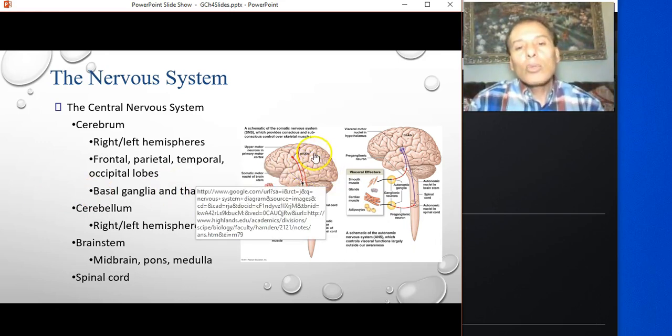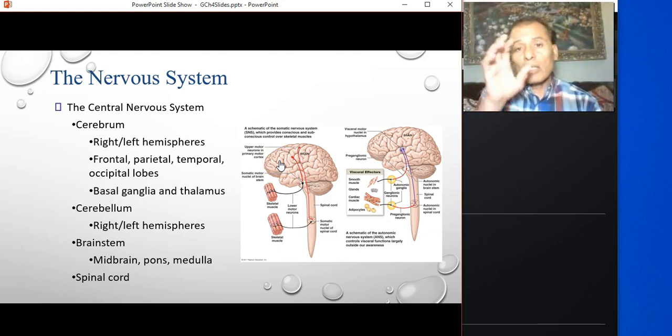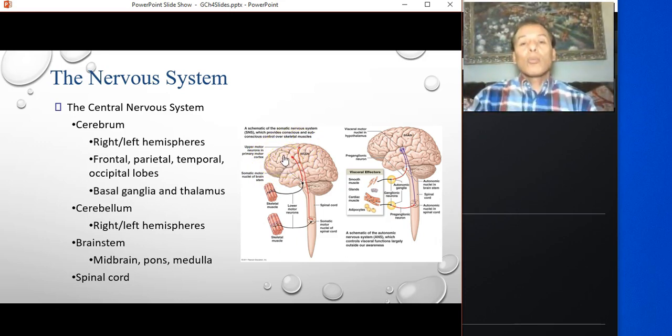And now, when we look at the cerebral cortex, we want to know landmarks. I mean, it is divided into particular landmarks based on the bones that cover them. So here, from this line forward, this area is called the frontal lobe of the brain.